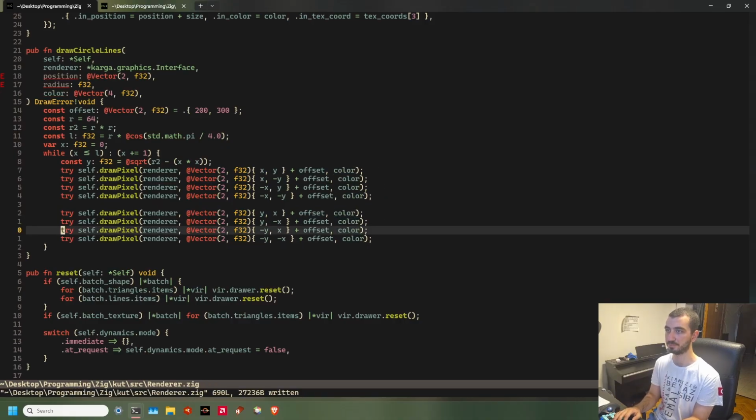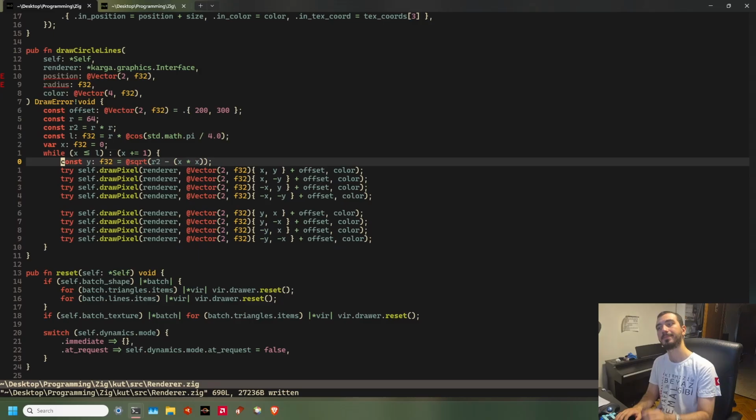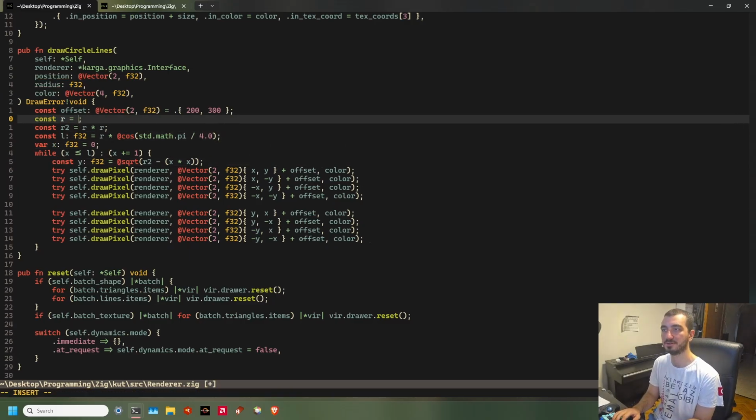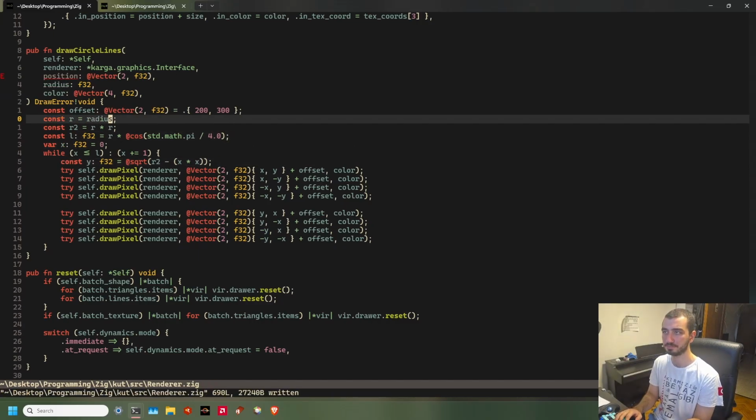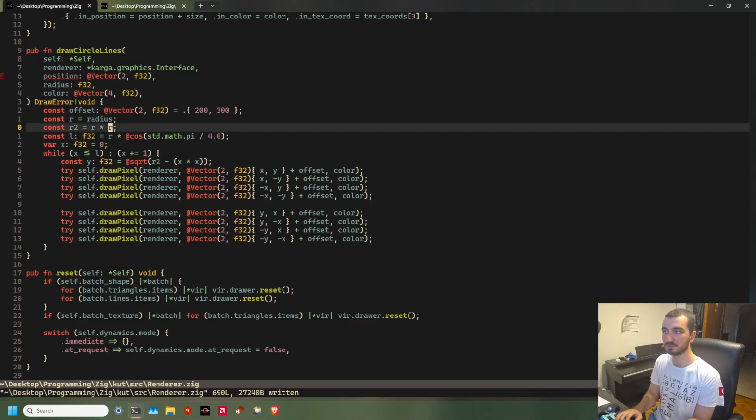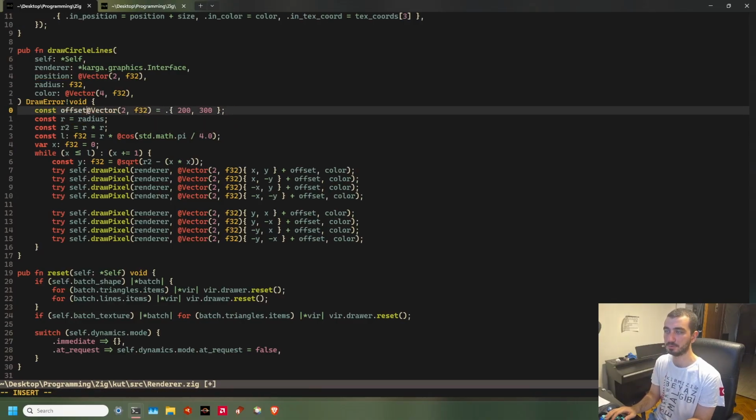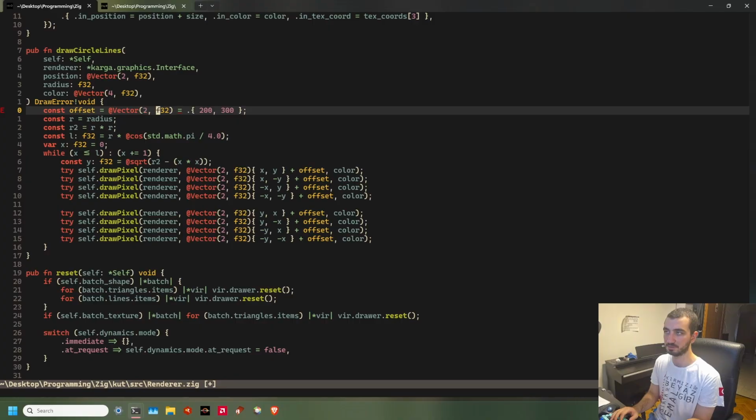Color, there you go. Radius is just going to be radius here. And position is going to be this thing, right?